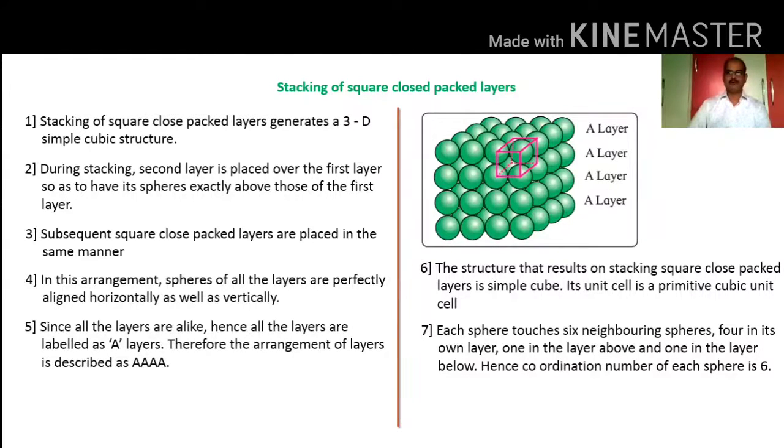So stacking of square close packed layers results in A type of three-dimensional arrangement of spheres, which is also known as simple cubic arrangement. Example, polonium is the only element which has this kind of crystal structure.